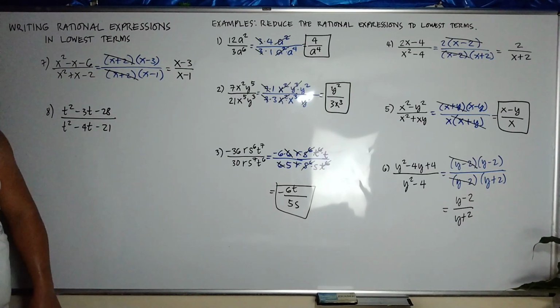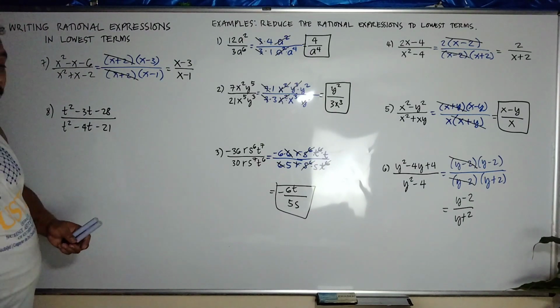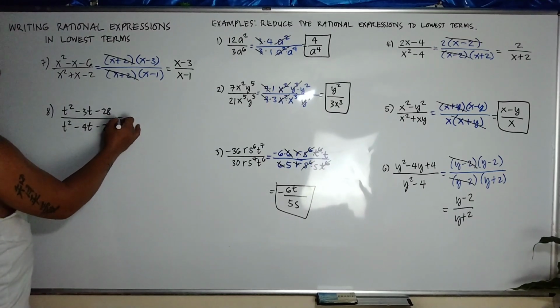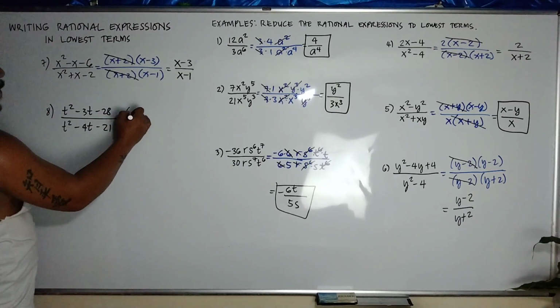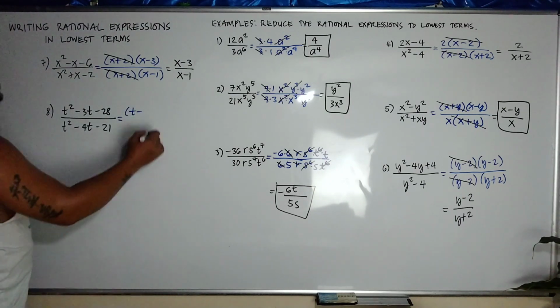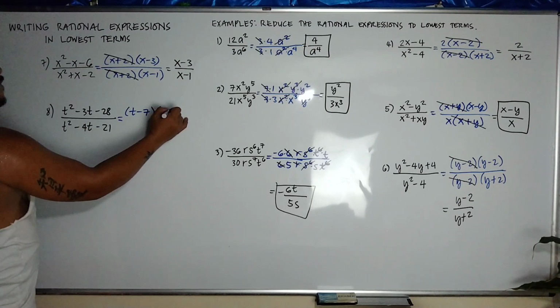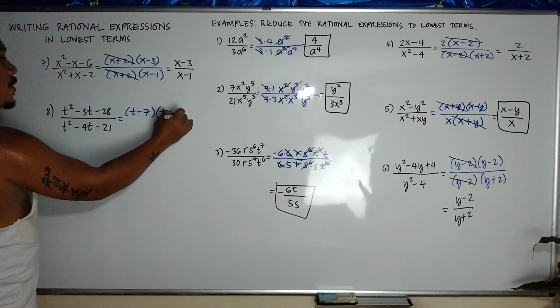What are the possible factors of negative 28? We can use, for those who have mastered factoring, t minus 7 times t plus 4.